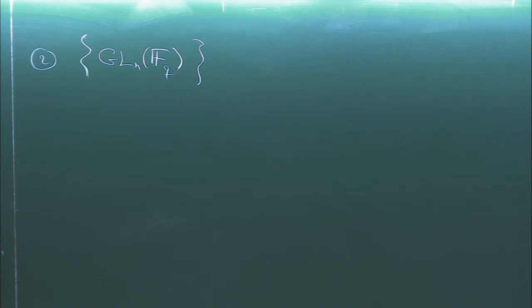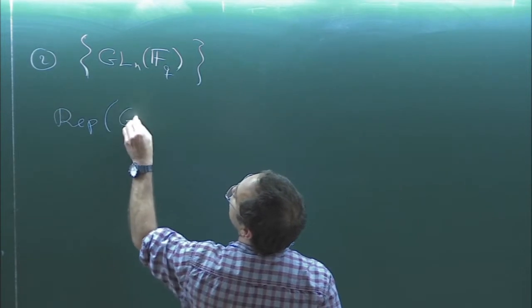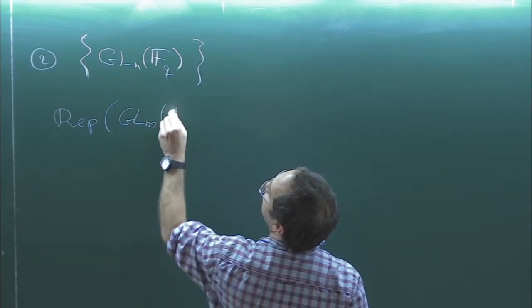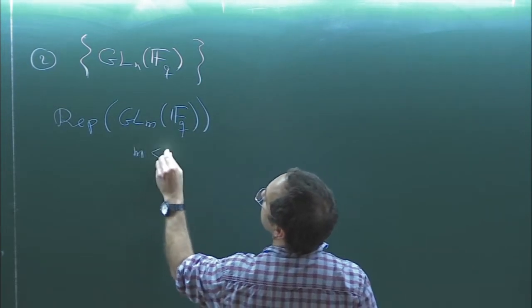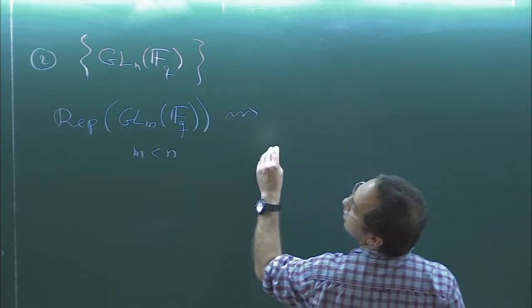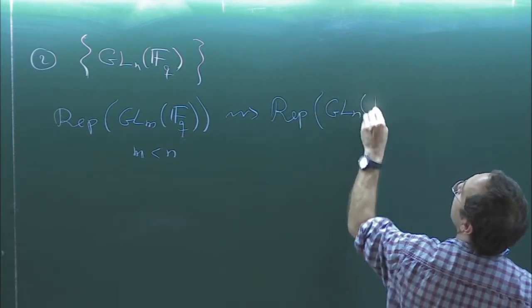So we can try to imitate this process. So what would be the analog of this process? Again, suppose I know the representations of GLm(Fq) for all m less than n, and I want to say something about the representations of GLn(Fq).